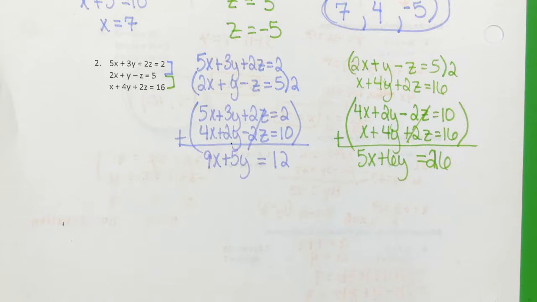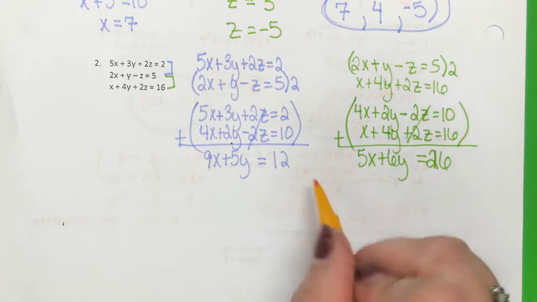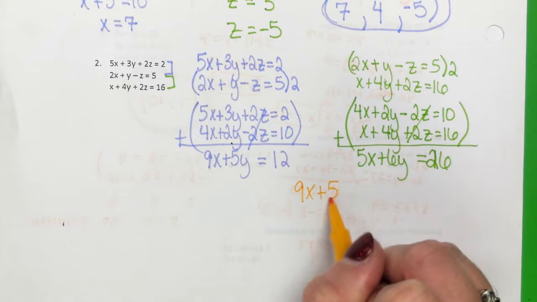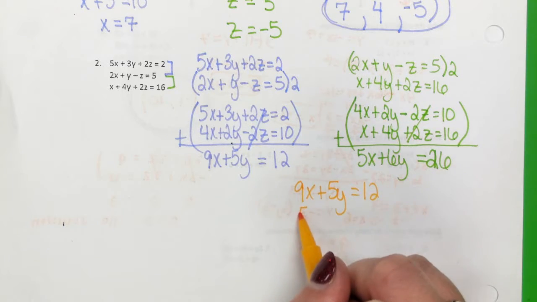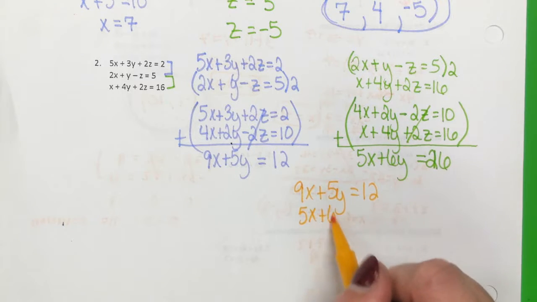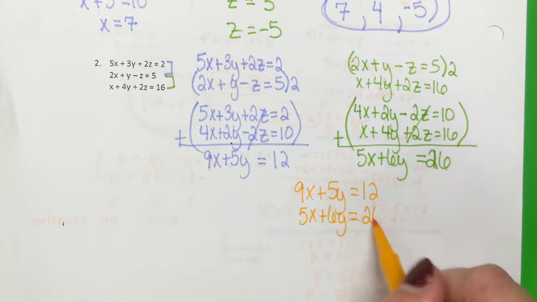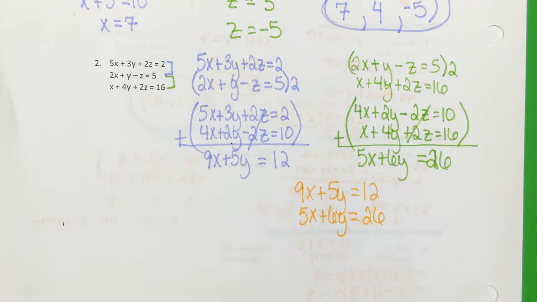Y'all okay with that? Alright. Then what do I do to those two equations I just got? You stack them up on top of each other, right? We compare them. So we'll have 9x plus 5y equals 12, and 5x plus 6y equals 26. Okay? Okay, Gage? I'm just kind of looking at it funny, so I didn't know if I lost you.